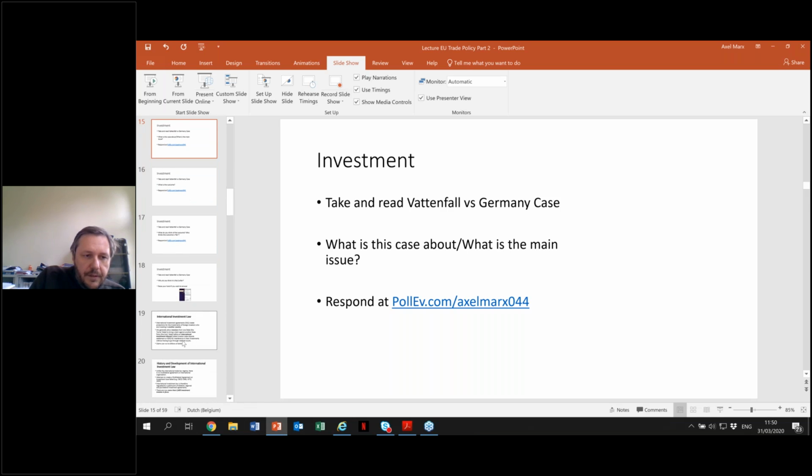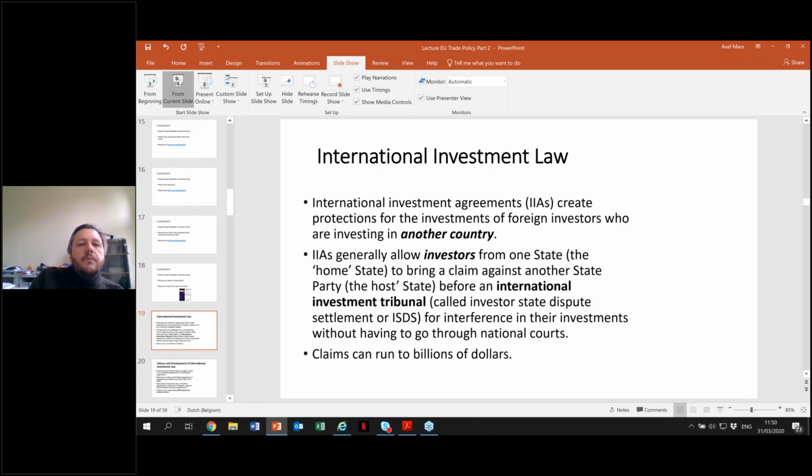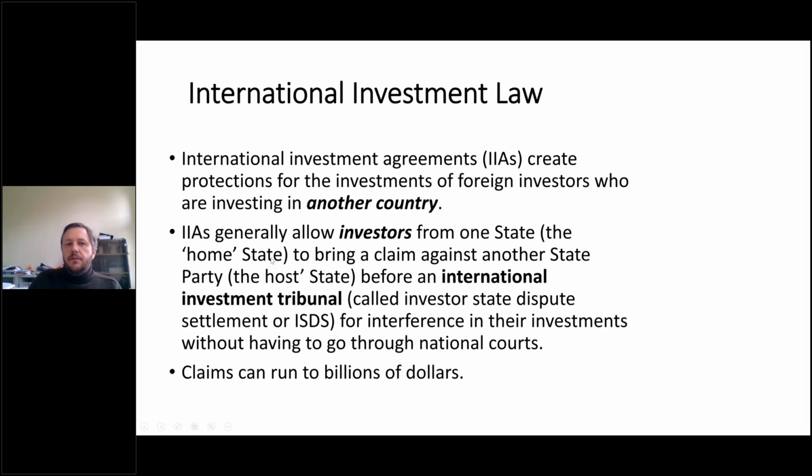In order to regulate that, a lot of states make international investment agreements, captured under the broader term of international investment law and the international investment regime.